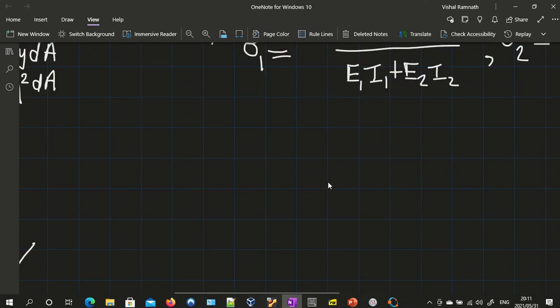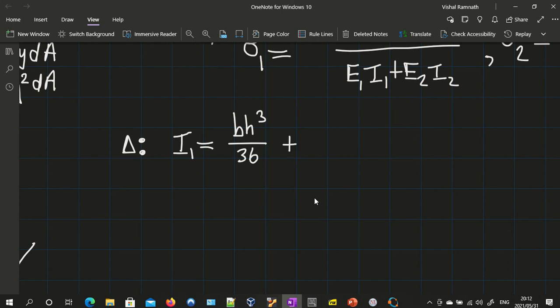So referring to the back of our textbook for the sake of argument, we would have I1, which is a triangle. The formula for the second area moment of inertia is the breadth times the height cubed over 36, but that is at the centroid.